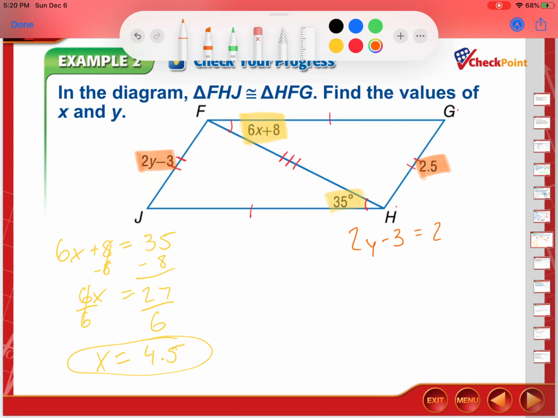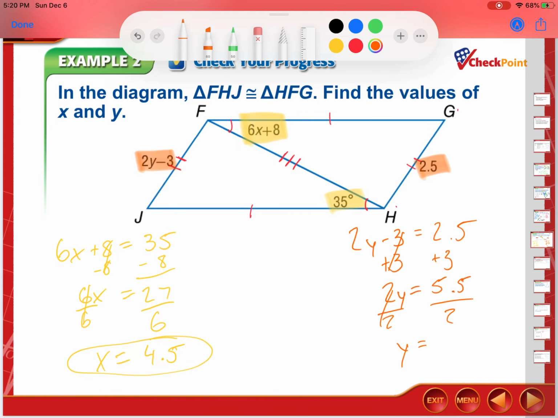So let's look at our second equation, which is 2y minus 3 is going to equal 2.5. So in order to solve this, we're going to add 3 to both sides to get that y by itself. And we're adding to both sides. Why, you might ask? Well, to keep the equation balanced and happy, of course.